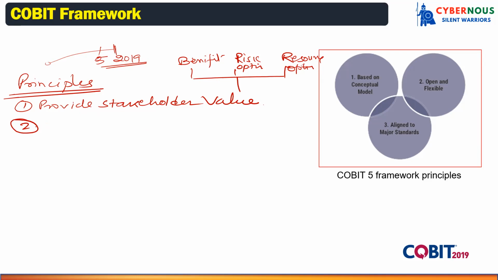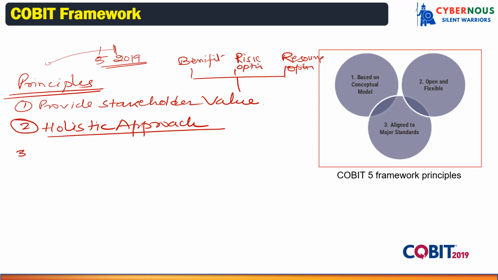Principle number two talks about a holistic approach. This means that whatever controls you are implementing to enhance the status of your IT controls have to be thought of from a holistic perspective, not in silos. You have to think of the bigger picture and then align to it.